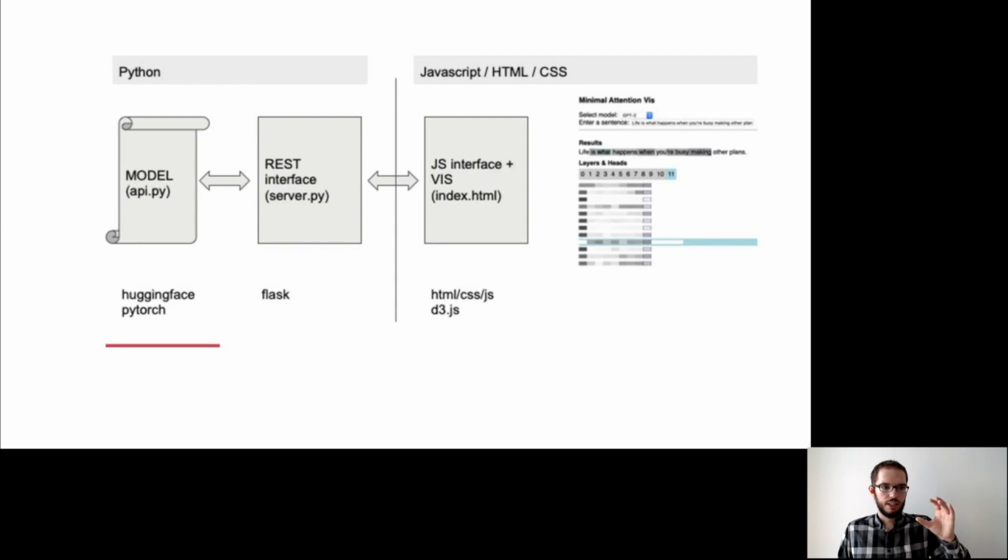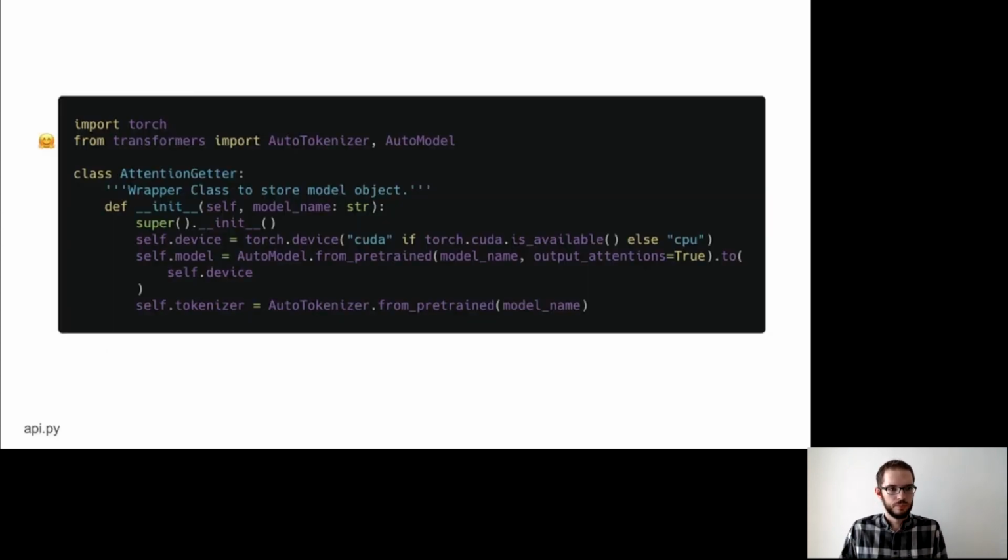Now, let us start diving into the model API, which may be the most familiar to most of you. Here, we import PyTorch and the auto-tokenizer and auto-model, and we define a wrapper around one of these two, such that we can actually hold it in our memory. If we have an object of the class AttentionGetter, we can simply load it into a cache, and we don't have to load the model into memory at every single request that the frontend gets.